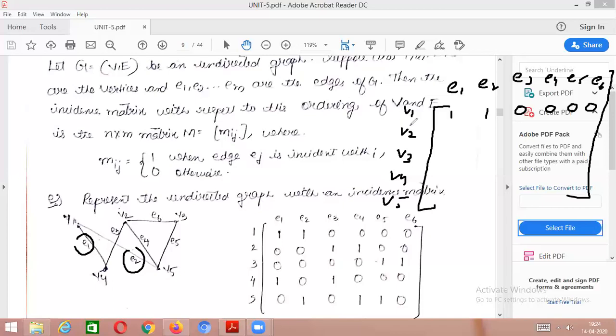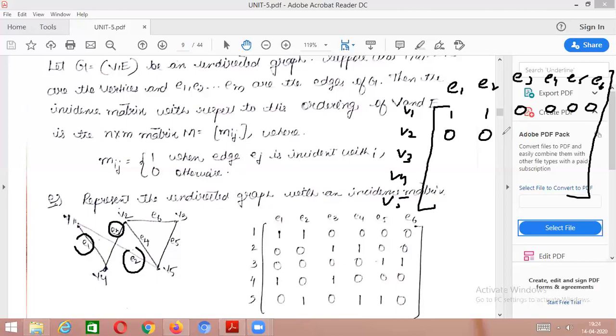To understand, we'll see one more. For the V2 vertex, is the E1 edge added? No, so its value is 0. E2 edge added? No, E2 is not added here. E3 is added?